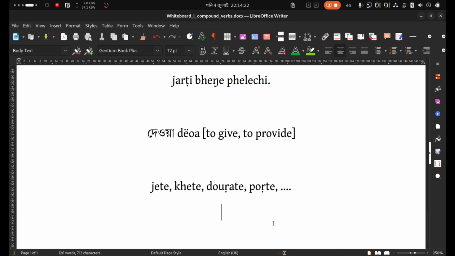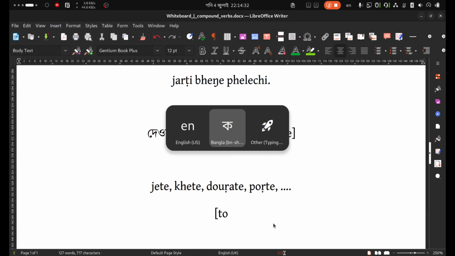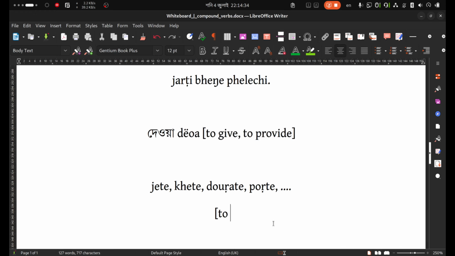And these verbs are actually the to do verbs. Like I want to go, to eat, to run, to read. These are the meanings of those verbs.